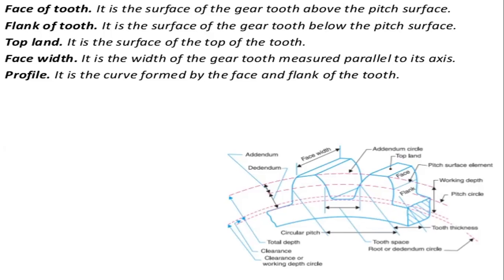And next one is the top land. It is the surface of the top of the tooth. So the top of the tooth surface is called the top land surface.